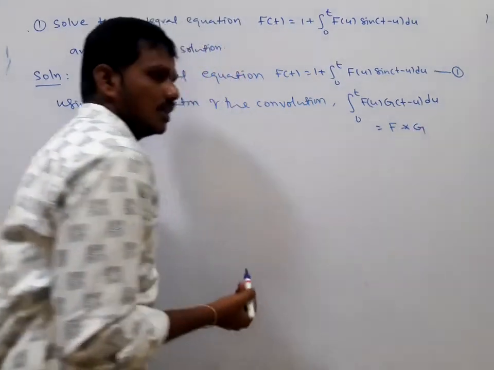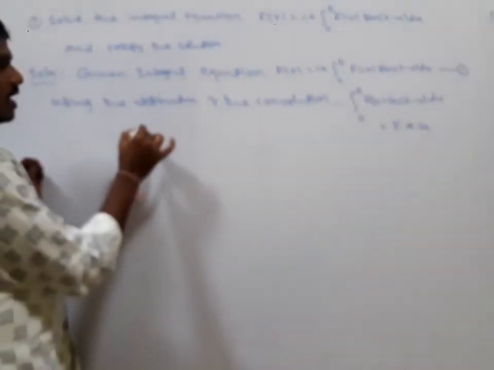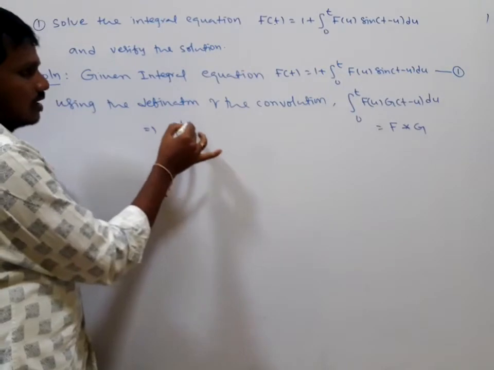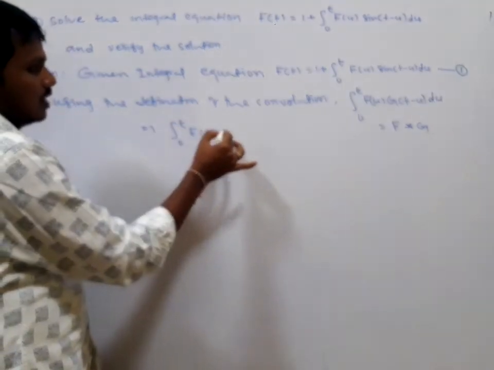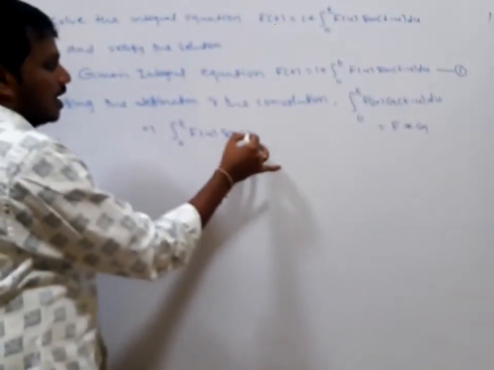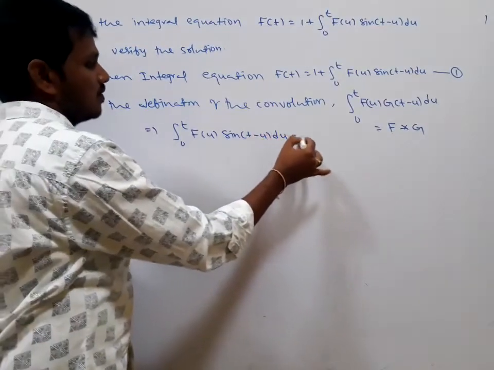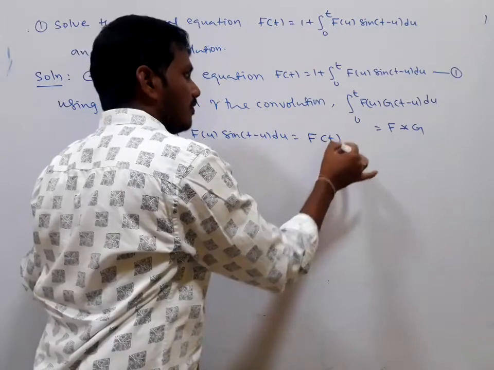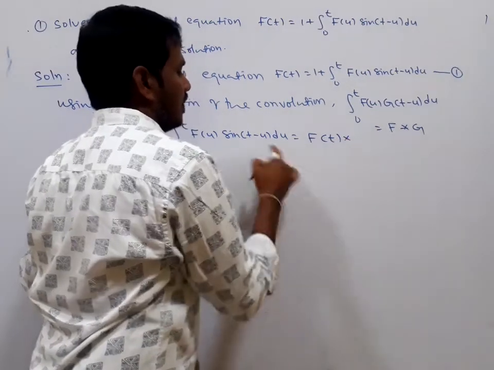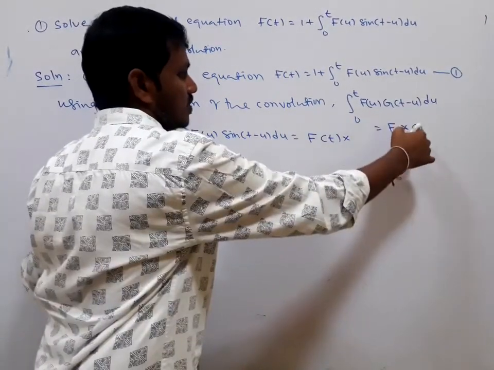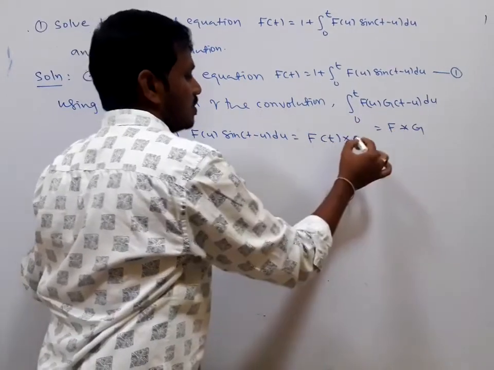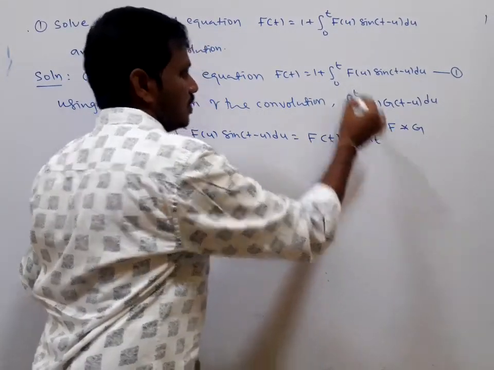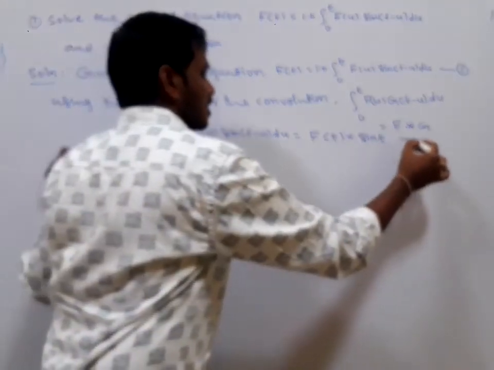In this case, the integral from 0 to t of f(u) sin(t − u) du is equal to f(t) convolved with sin t. Say this is equation number 2.